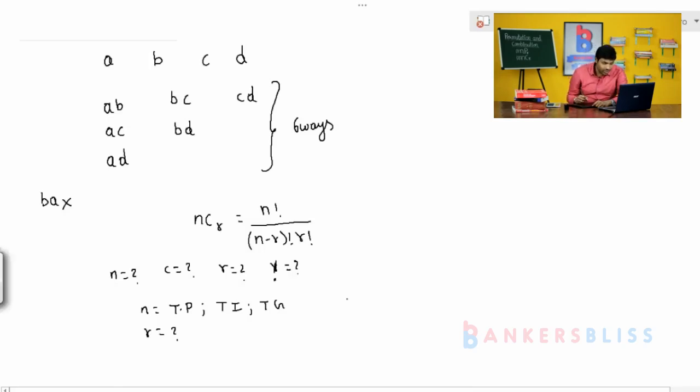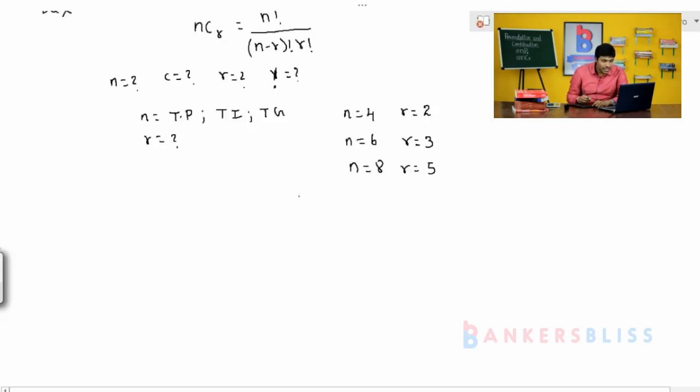If the total population is equal to 4, I can select 2. If the total population is equal to 6, I can select 3. You may select any number. If the total population is equal to 8, I can select 5.